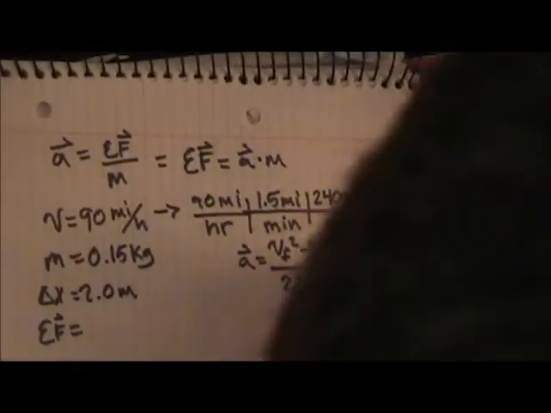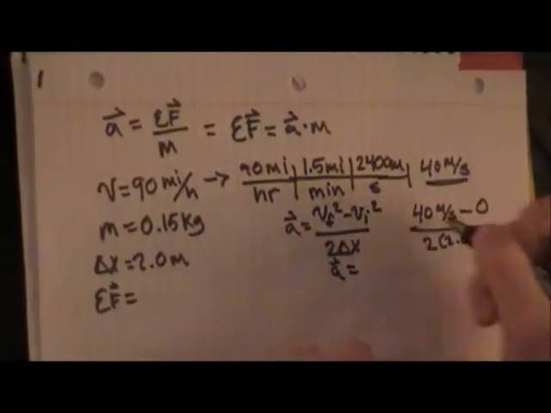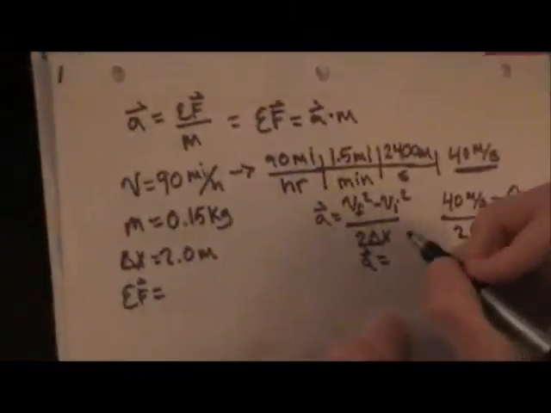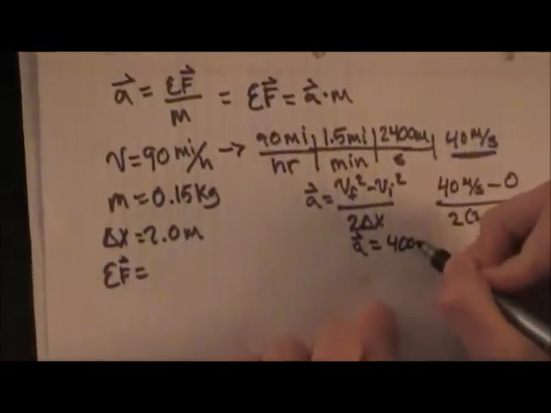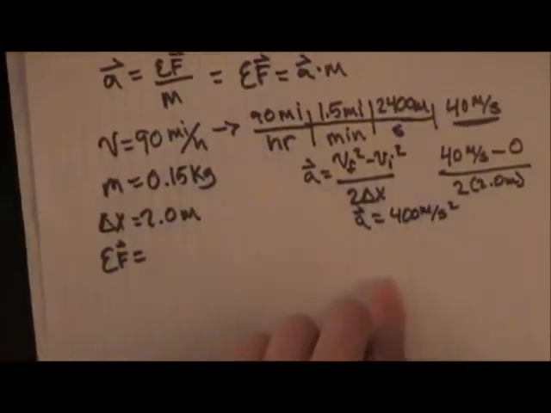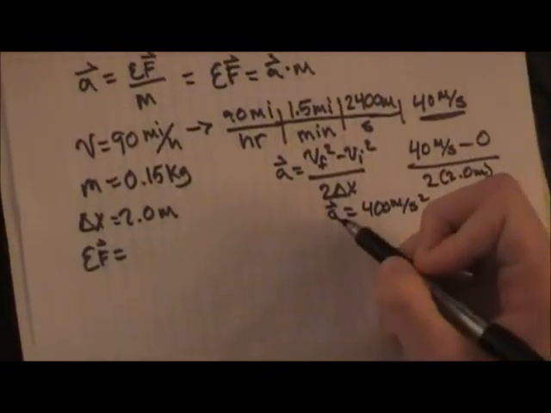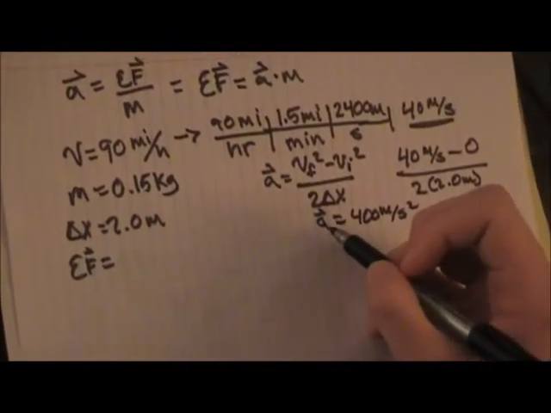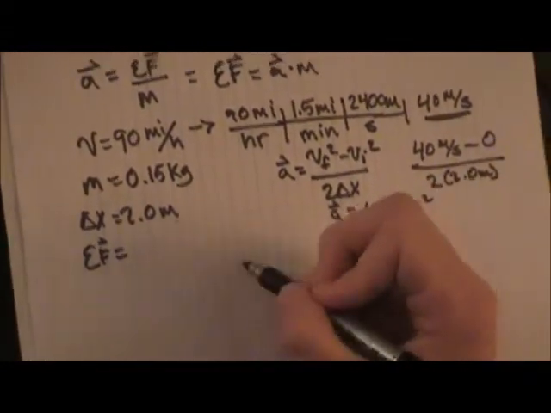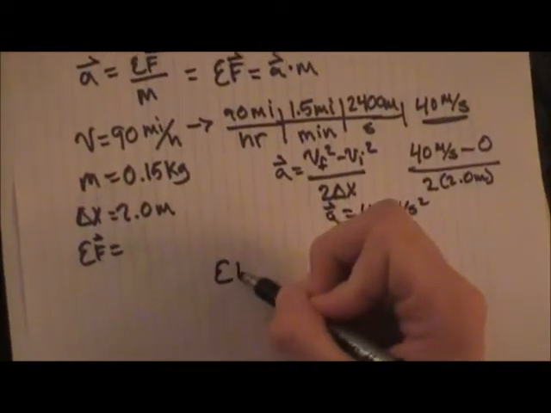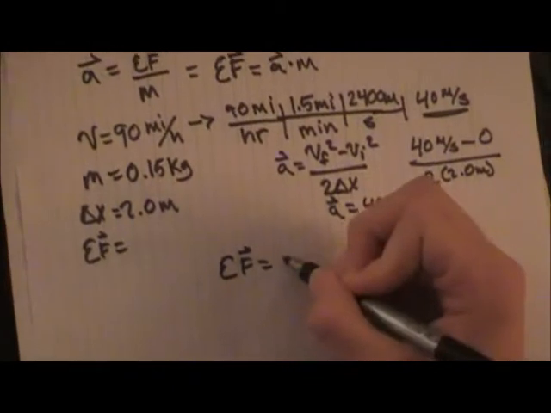So the acceleration of this is going to be 400 meters per second squared. So we're going to use the acceleration and the mass to find the net force that is acting upon the baseball.